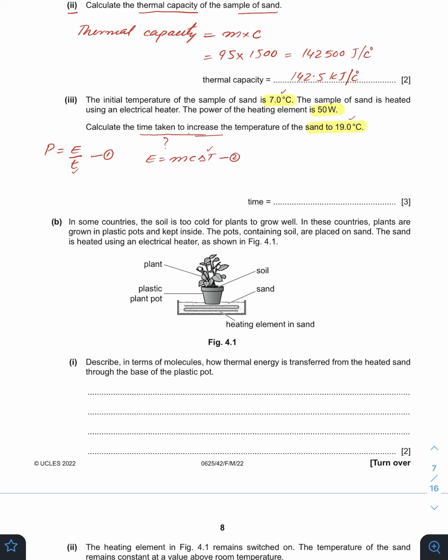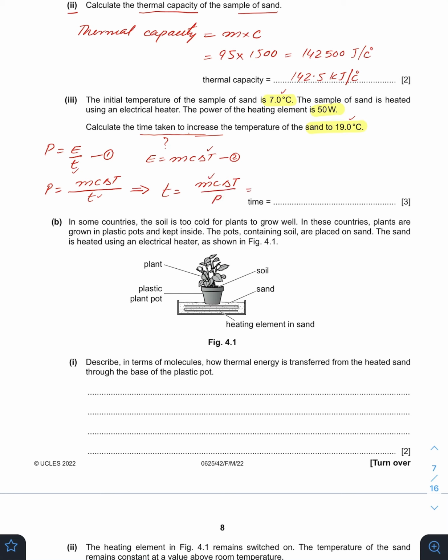I put the value of 2 in equation number 1, so the final shape is mc delta T divided by t. After rearranging, t is equal to mc delta T divided by power.